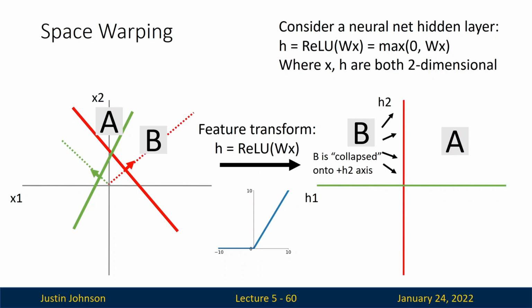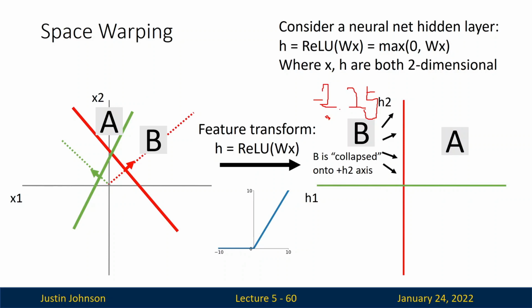Say, suppose I have a point here, and its coordinate is, say, negative 2 and positive 2.5. So its H1 value is negative, and its H2 coordinate value is positive, right?